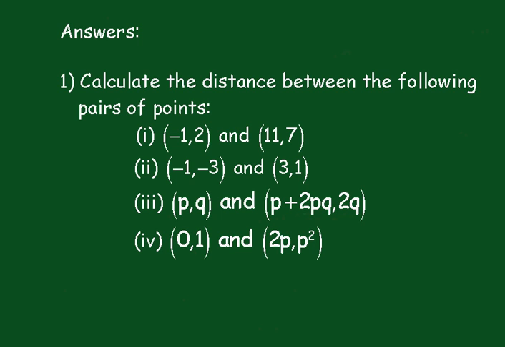Now here are the answers to question 1, part 1. The answer to this one was 13. The answer to this one was 4√2. The answer to this one was Q outside of square root of 4p squared plus 1.